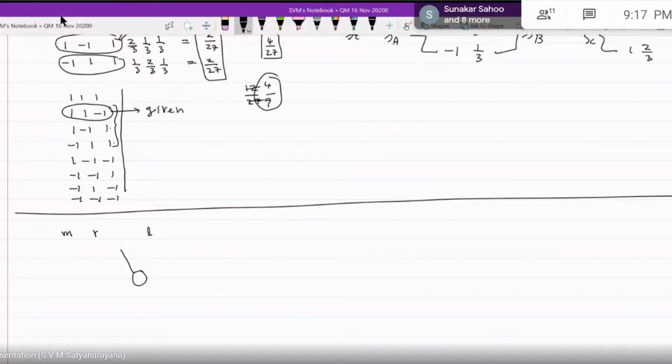A pendulum consists of a ring of mass capital M, sir, and radius capital R, suspended by a massless rigid rod of length small l attached to its rim.